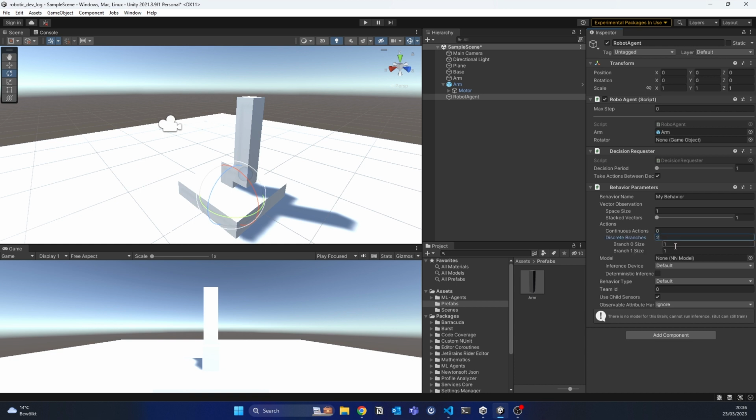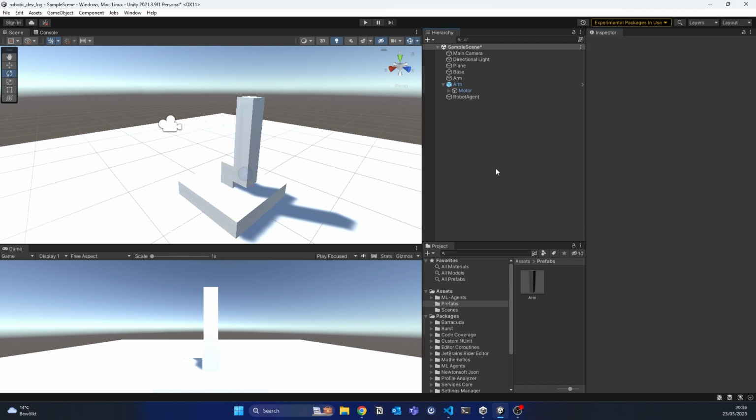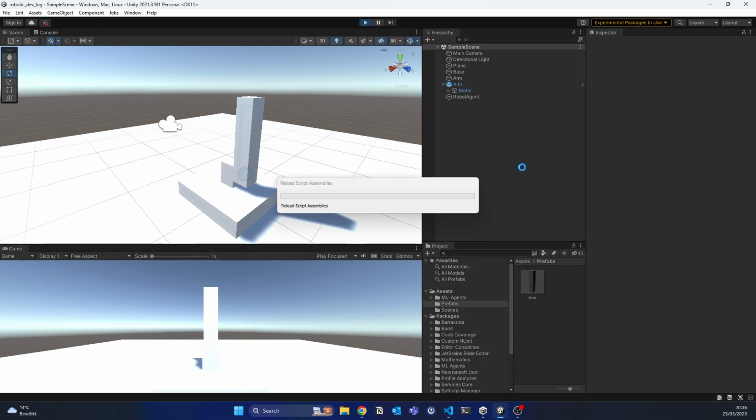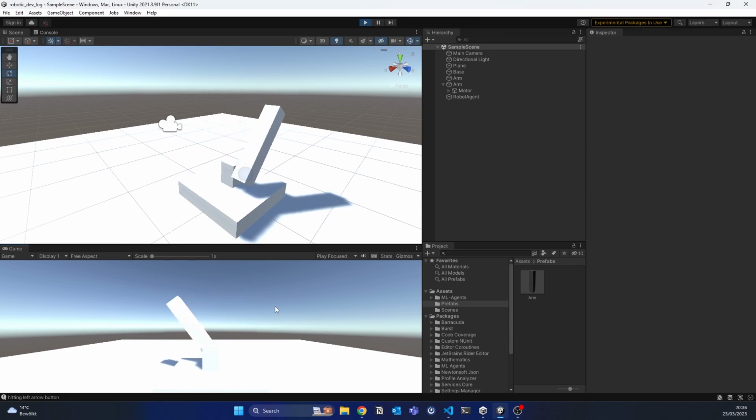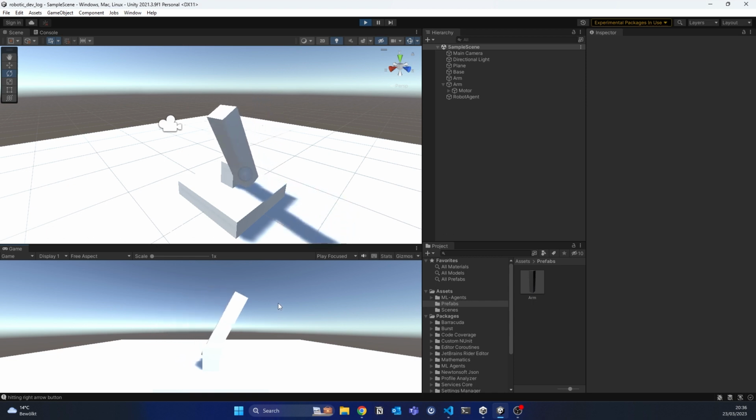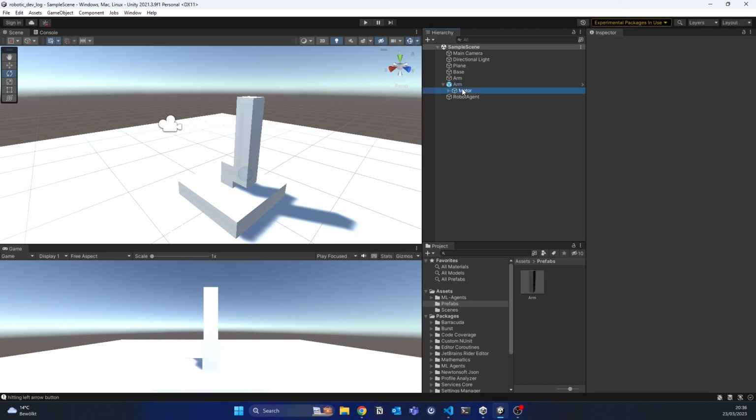So we have 2 branches. Each of the branches is 3 actions. Right? Okay, let's try. Alright, so let's see how that goes. Okay, this seems good. Okay, cool. Alright, that seems good to me.